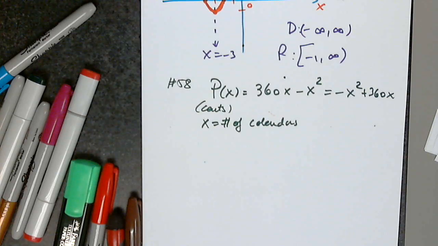Okay. So then, this function is quadratic. It has a maximum. We're asked to find how many calendars they should sell for obtaining the maximum profit. So, what do we know about a quadratic function?